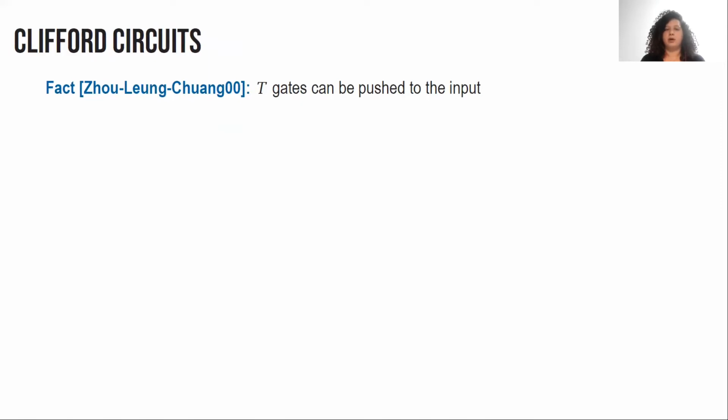A fact by Zhou, Leung, and Chuang from the 2000s says that the T gates can be pushed to the inputs. This is very similar to how we push negation to the input when we deal with classical circuits.